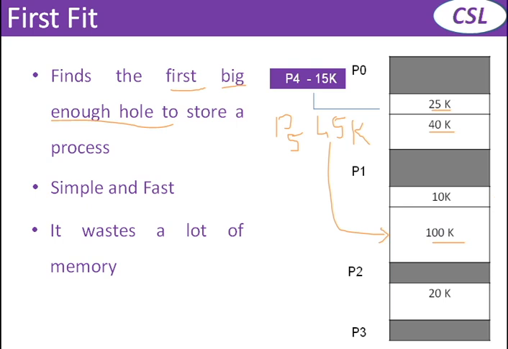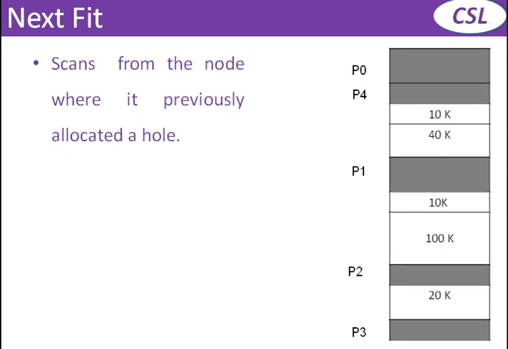Next fit is almost similar to the first fit technique. The only difference is that we start the checking process for the coming request from the previous allocation, not from the starting. There is a pointer which points to the previous allocation area. Earlier we allocated P4 and the pointer points to P4.